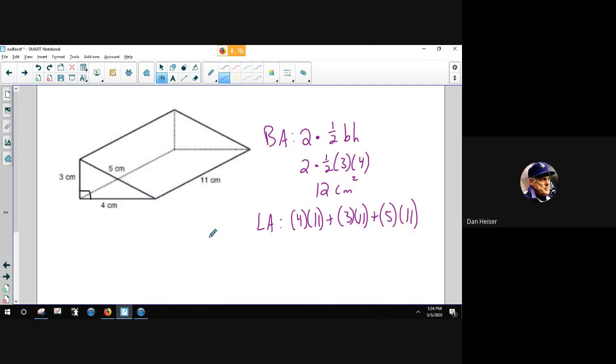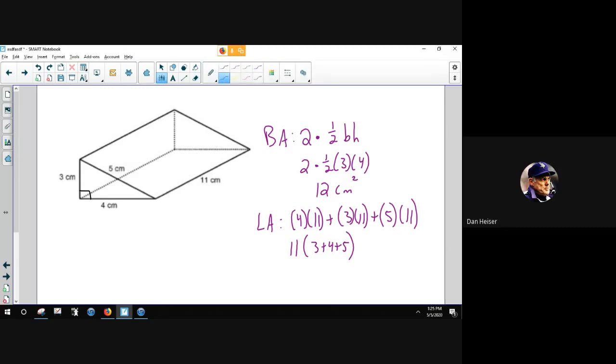So another way we could do this is like so. Multiply 11 by the perimeter. There.